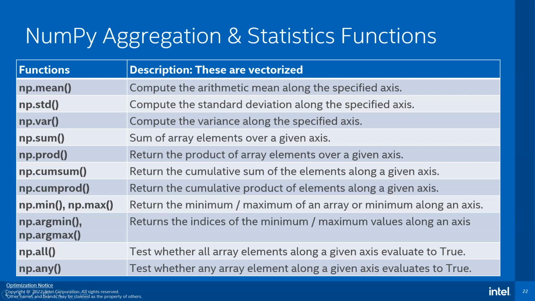Cumulative sums, we use that all the time. When do you use it? Well, for example, if you were doing something like a principal component analysis and you had 50,000 columns of data, and then you said, give me 1,000 principal components. Then what you might want to do is a scree plot.